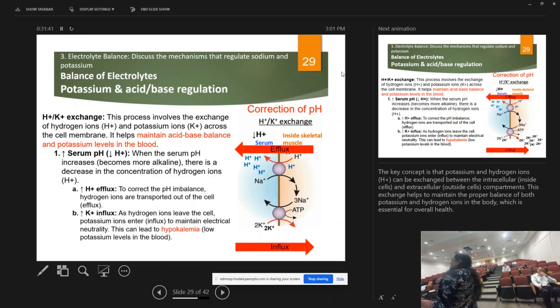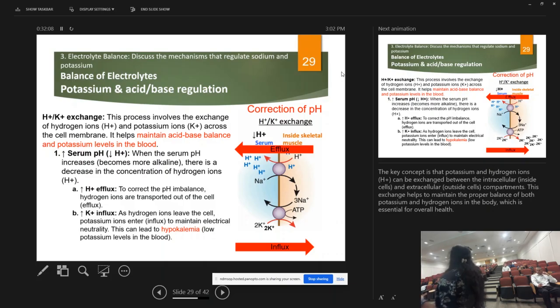Since we are talking about serum pH, suppose the pH is high, meaning protons are low, right? So here the serum pH is high, so you need to bring in more proton, because you need to correct.